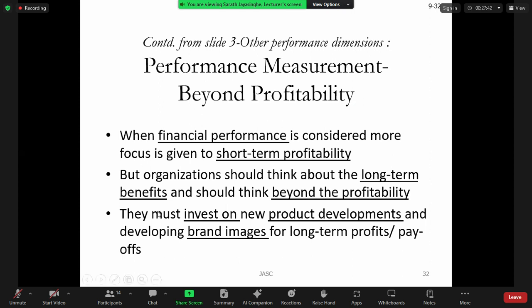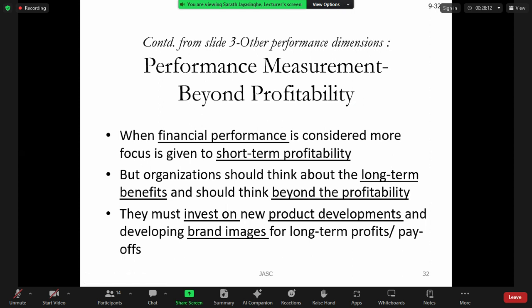So that is what we are thinking about performance measurement beyond profitability. Not only profitability is something considered more short term, right? Short term it will be a loss, but thinking about the future, we have to do some development, some creating images, brands, and brand values. We have to do product developments, do research and developments, right?